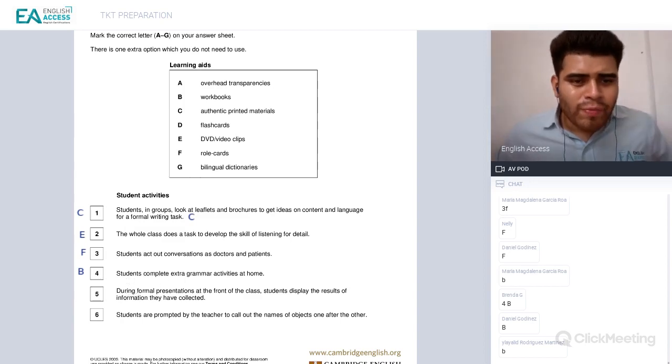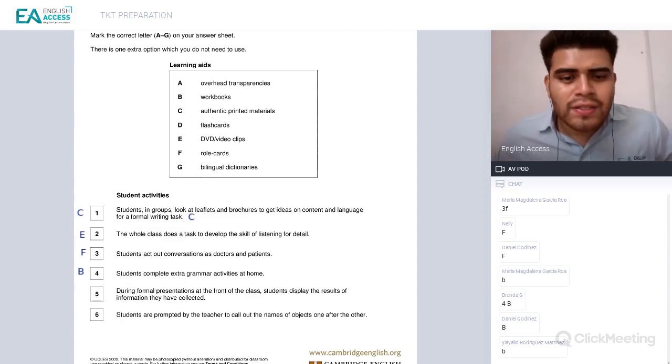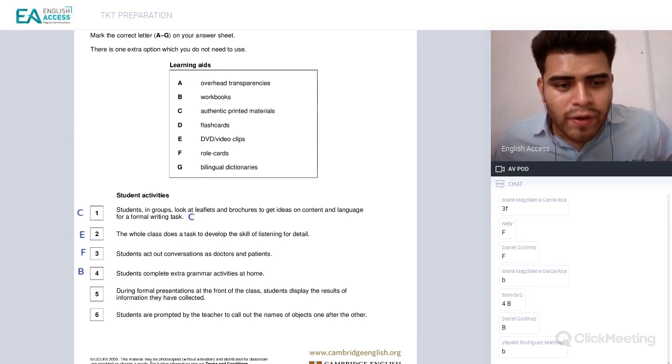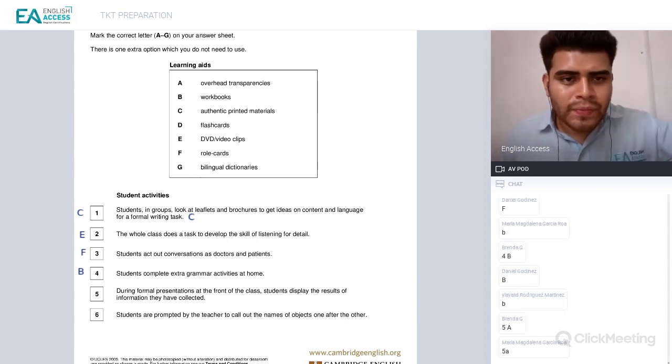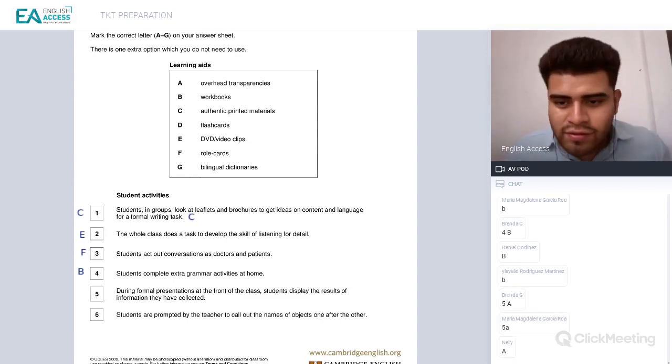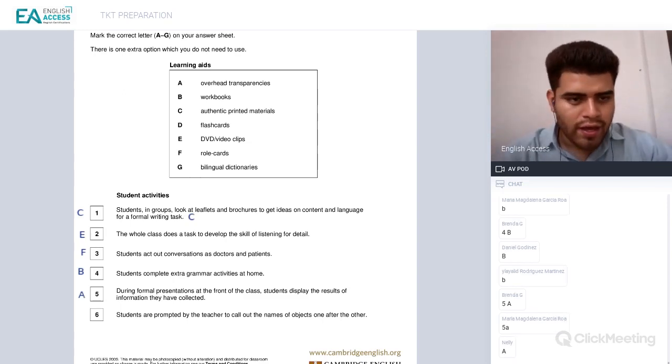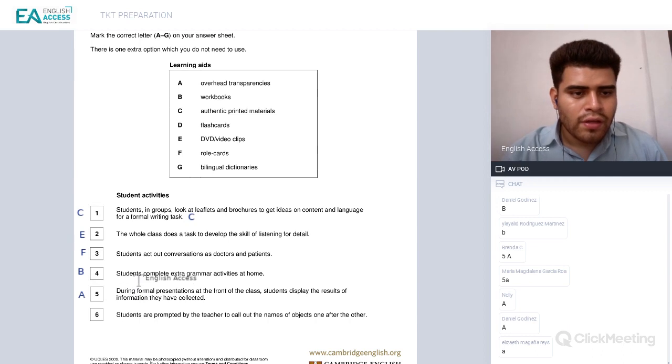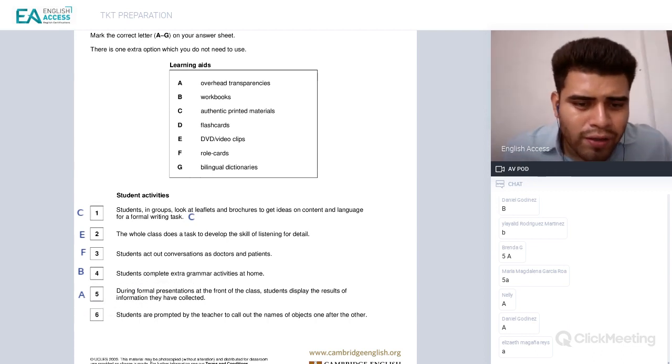5. During formal presentations at the front of the class, students display the results of information they have collected. Number 5 is A. Excellent. And number 6, students are prompted by the teacher to call out the names of objects one after the other.